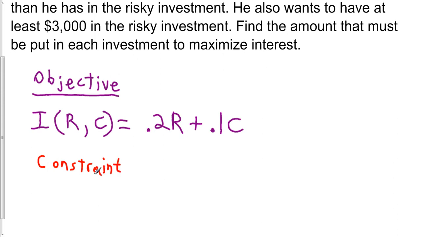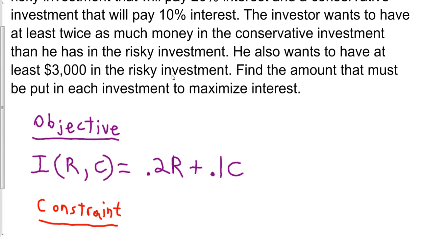Okay, so the first constraint is saying that the amount of money in the conservative account has to be at least, which means greater than or equal to, twice as much money as is in the risky account. So that's how you translate that phrase directly.